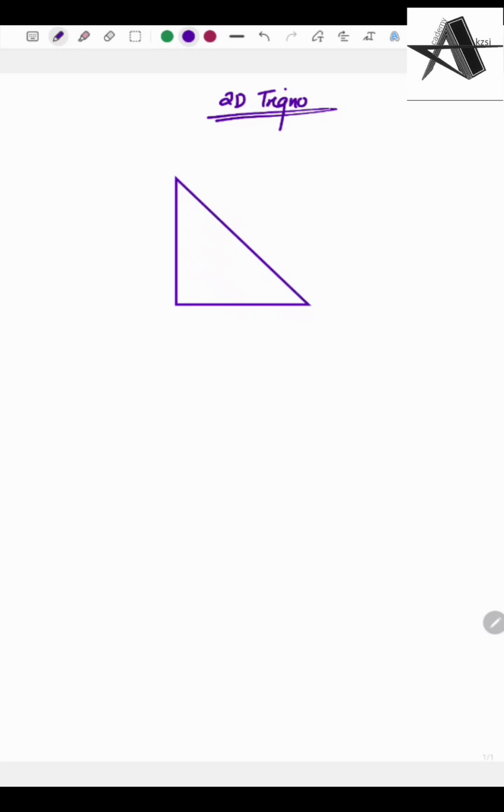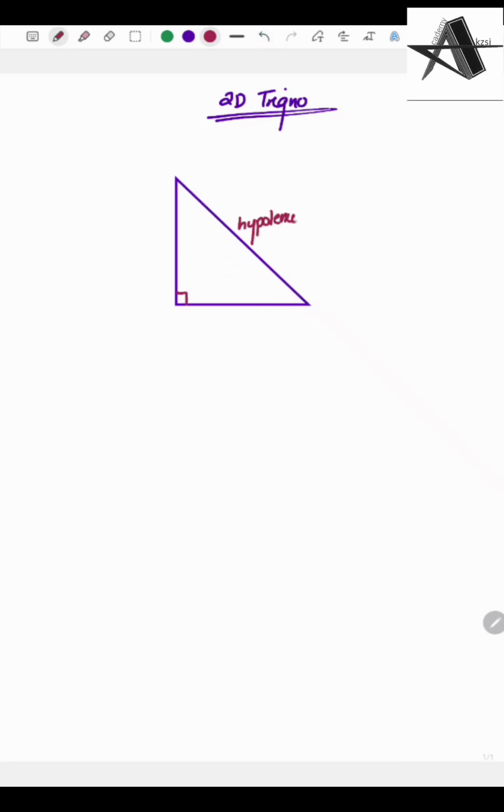If this is 90 degrees, the side opposite to the right angle is always your hypotenuse. Hypotenuse is the longest side as well as the side opposite to the 90 degree angle.